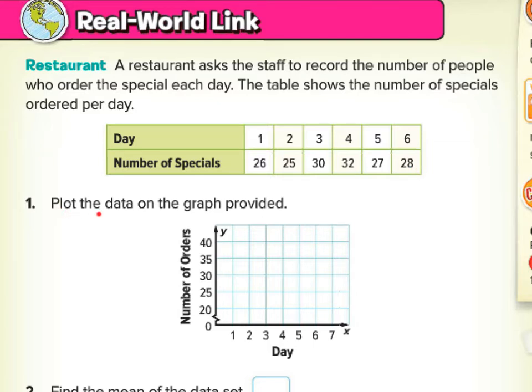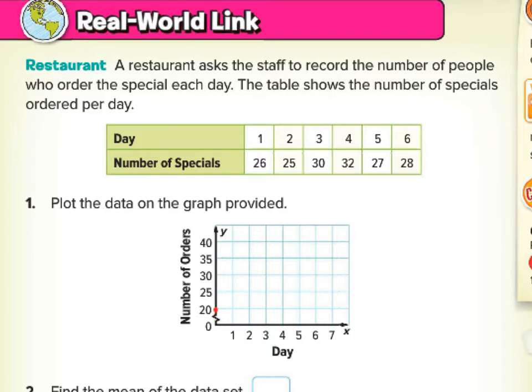Question 1. Plot the data on the graph provided. So we already know how to plot these points, and I want you to pay attention here. On the y-axis we have a little squiggly line. That squiggly line is called a break, and it's a break in the y-axis that represents that the values have been crunched, because you see here we're jumping by 20 units in just one square.